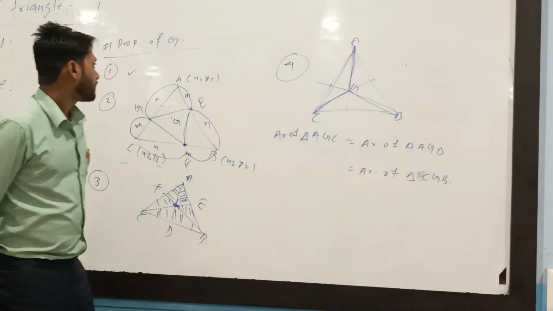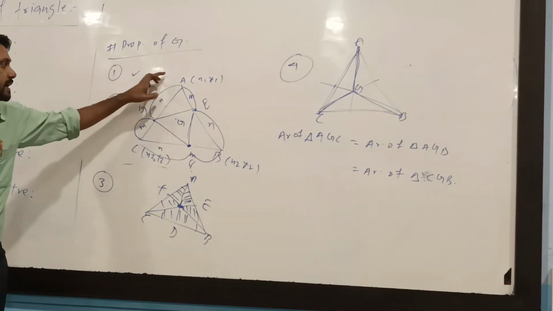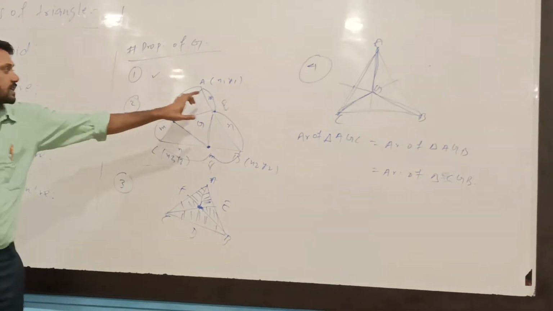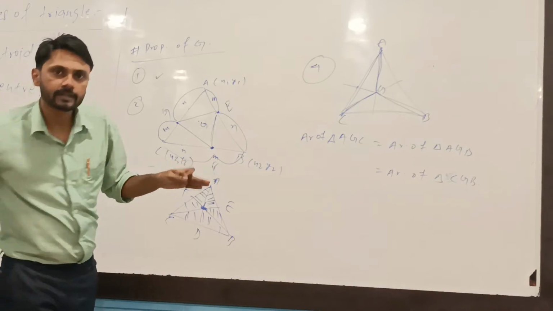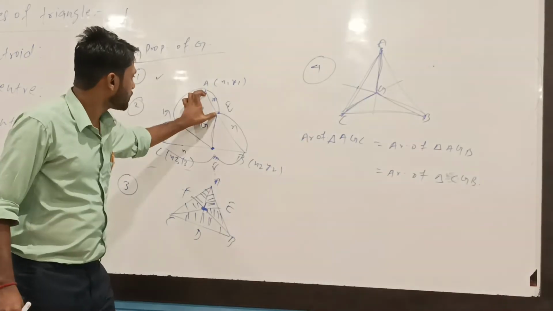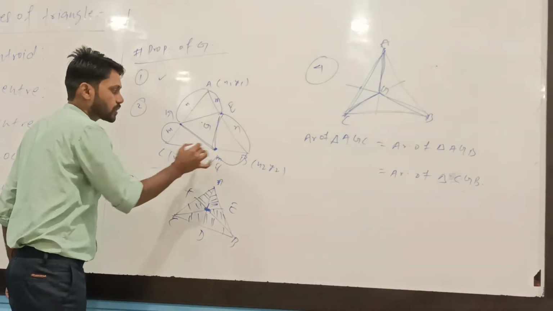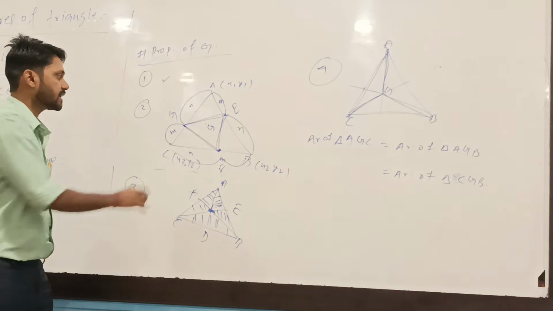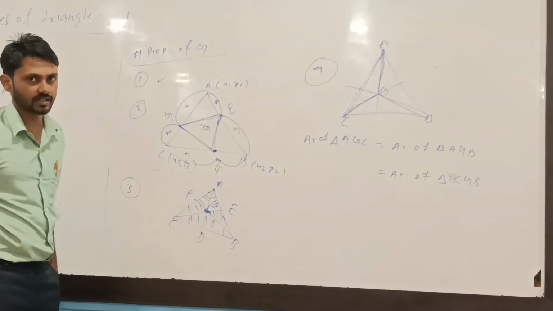So the first property says that the centroid divides the median into a 2:1 ratio. The second property says, if these sides are intersected by some points in equal ratio and you join them to make a triangle, then the centroid of the new triangle will be the same as the centroid of the original triangle.